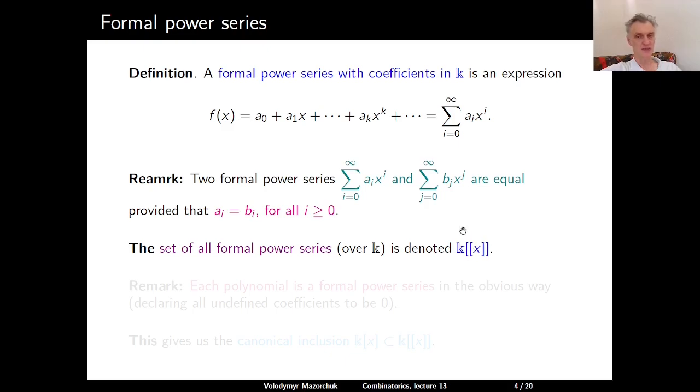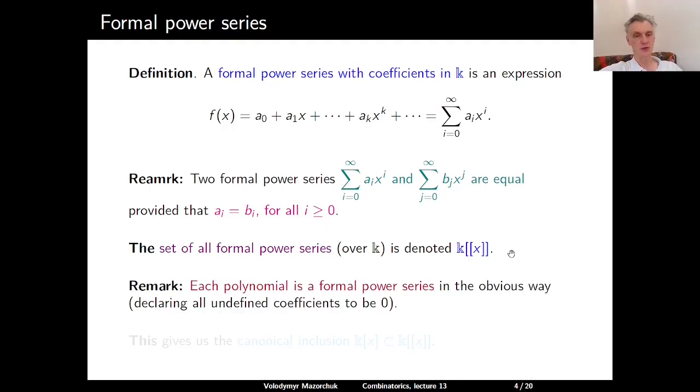So it's k of x, the set of all formal power series over k with variable x. Note that each polynomial is a formal power series in the obvious way, so whenever the coefficient is not defined, it is declared to be 0. And in particular, this gives us a canonical inclusion of the set of all polynomials into the set of all power series.